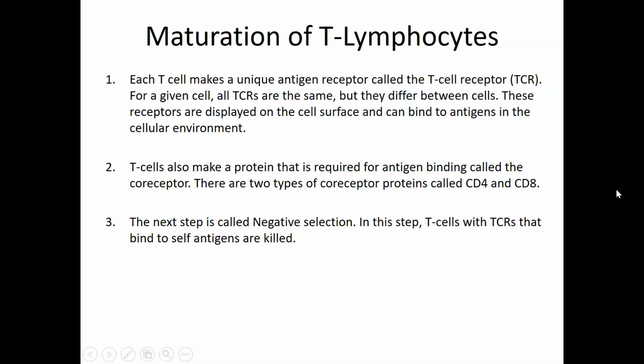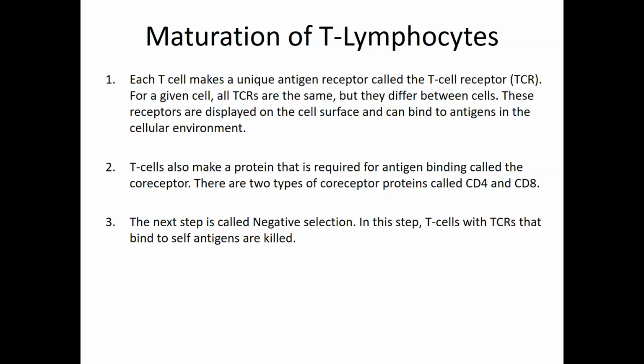Each T cell makes a unique antigen receptor. It's not the same molecule as in B cells, but it's similar. It's able to bind to an antigen. So they display these antigen receptors on the cell surface. Any given T cell has hundreds of thousands of these. And for one T cell, the antigen receptor is the same.